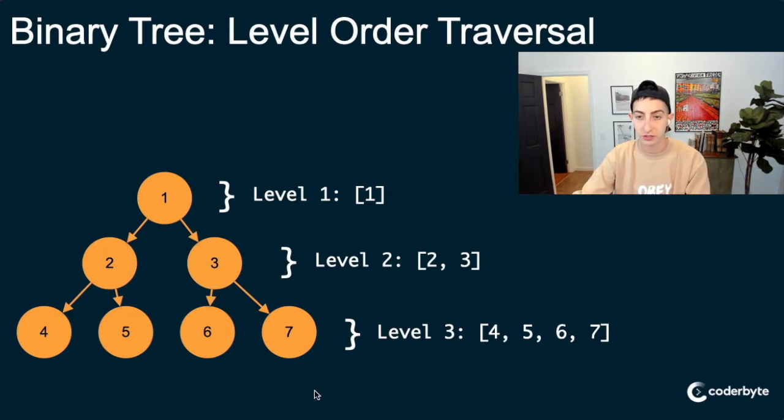So in level order traversal, we will traverse 1, and then we will traverse the entire level 2, which is 2 and 3, before we get to level 3, which will contain the nodes 4, 5, 6, and 7. So that's level order traversal.